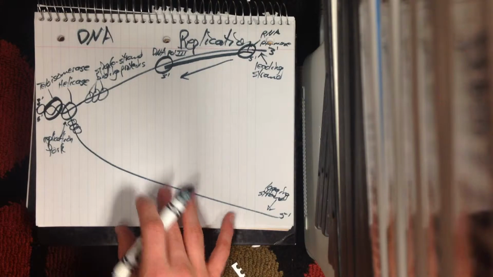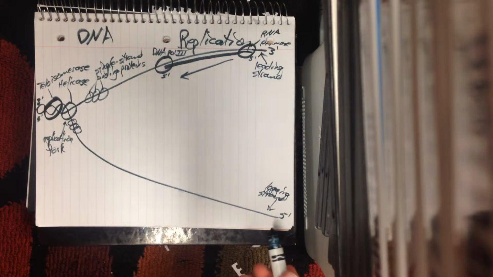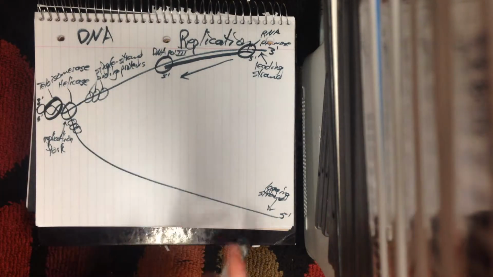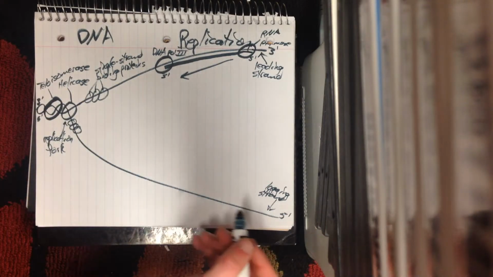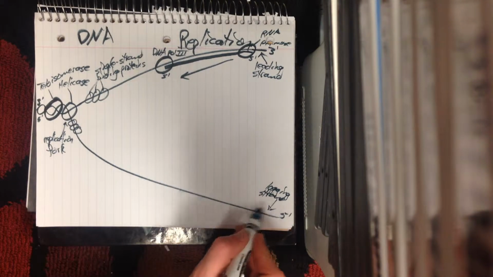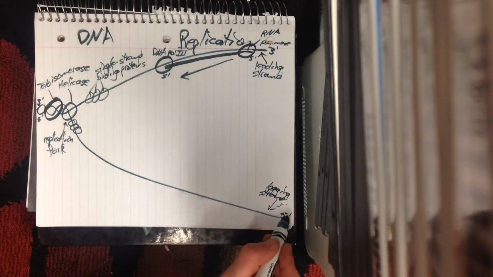But we get a problem because the lagging strand ends in the 5', well, not necessarily ends, but for the purpose of this diagram, it ends in the 5' end. And so when you're trying to put on new DNA, how do you do that? Because it has to go that way, because the new strand would end 3' over here, so you have to go that way.